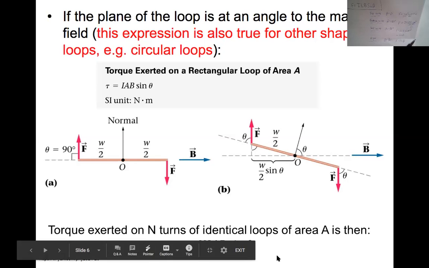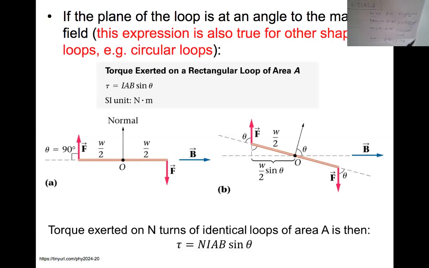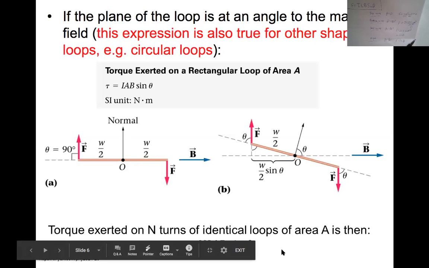So torque is equal to number of turns times I times A times B times sine theta. If you have more than one loop, n identical loops, then that's the equation you want to apply.